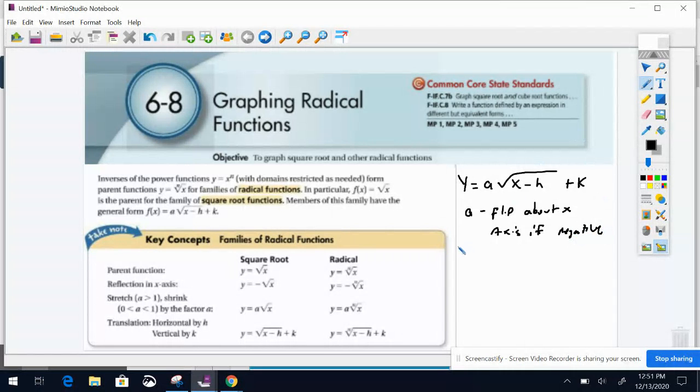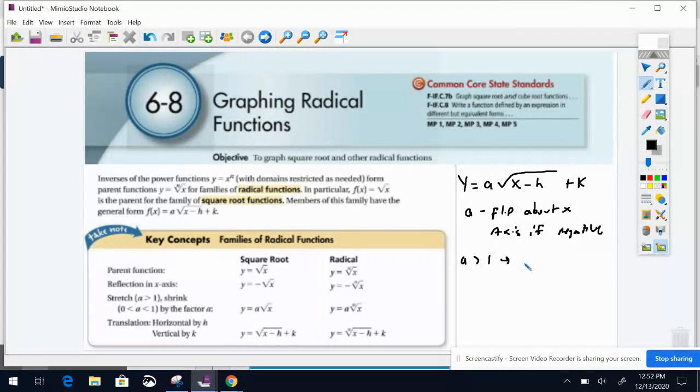If a is greater than 1, then it's going to get smaller, or it's going to thin out. So we call it a vertical stretch.